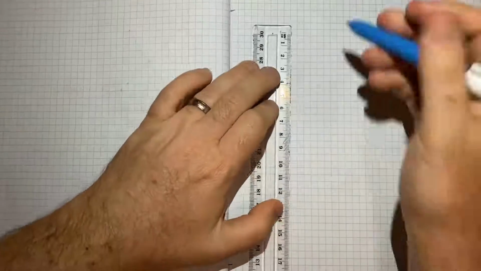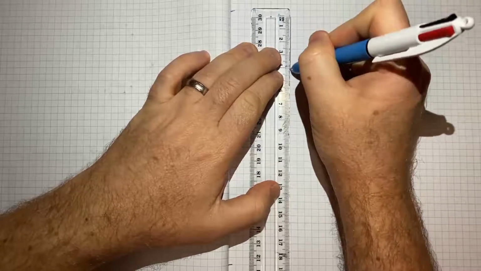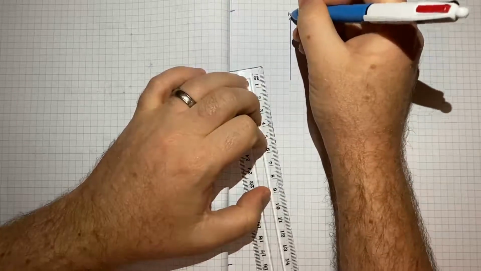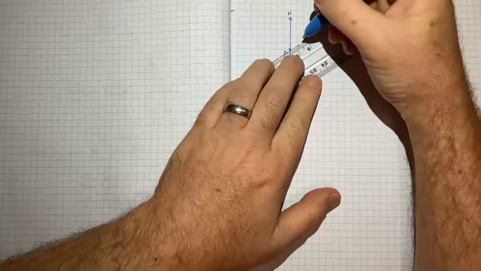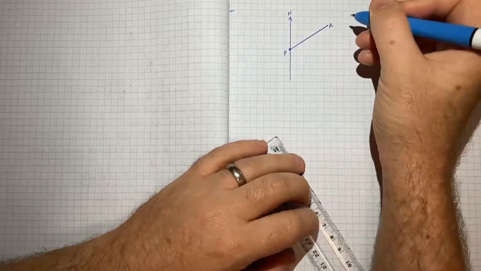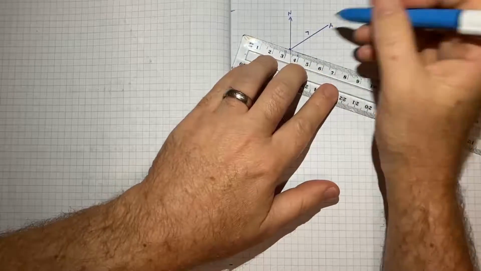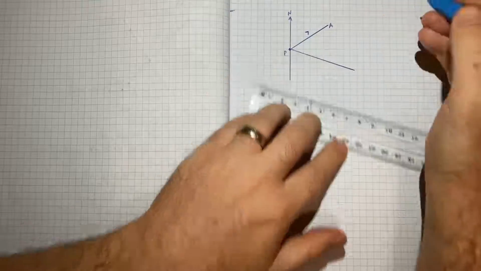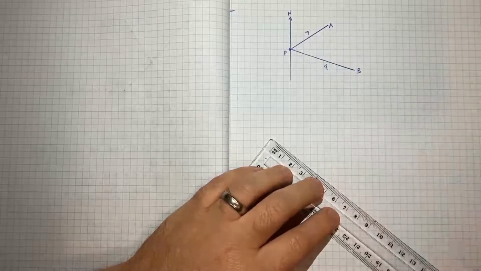So I think the first thing worth doing will be to replicate this diagram. So if I just draw our true north, and we're told we start at a point P, Mr. Ali walks over to point A, and that's for 7 kilometres, and then Miss Brown walks to point B, and that's for 9 kilometres.